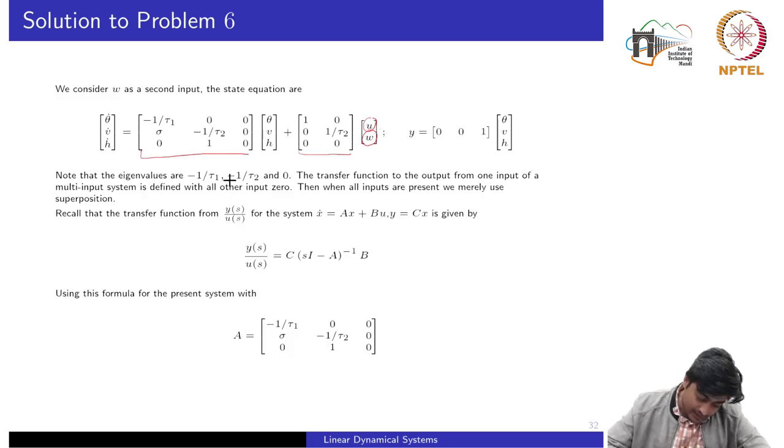If we compute the eigenvalues of the system, they are given at -1 by tau 1, -1 by tau 2, and there is one eigenvalue located at the origin.